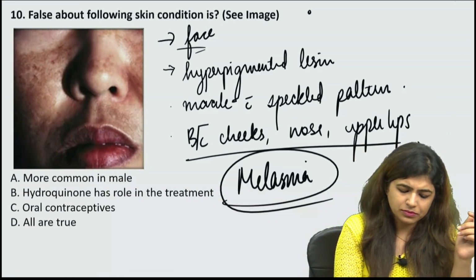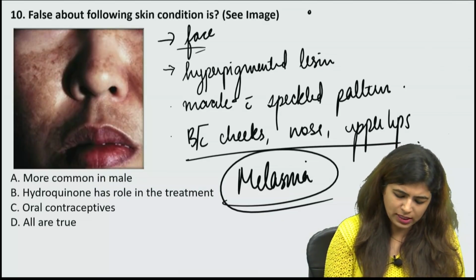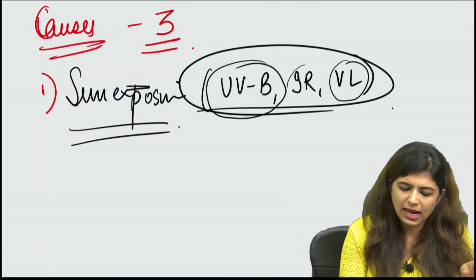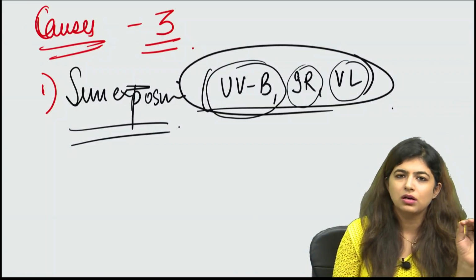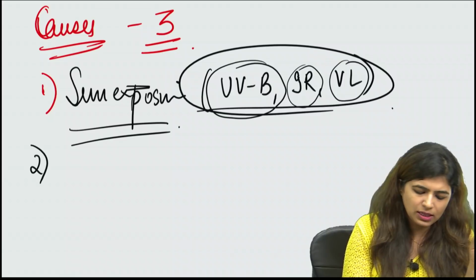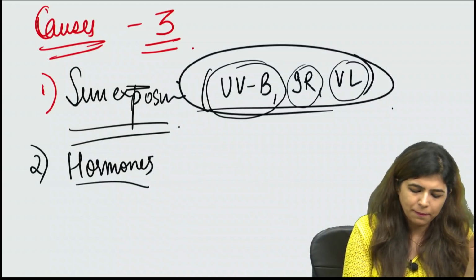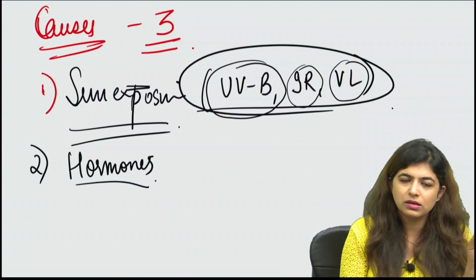It is on the face, has 3 most important causes with it, that the visible light as well as the infrared radiation are also important for causing melasma. The second thing that you have is your hormones. What are the hormones here?